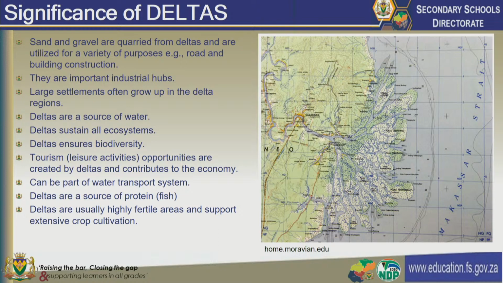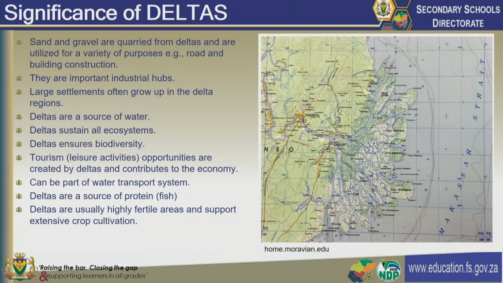Very important for trade. You'd find a lot of settlements along the delta areas. They are also a source of water. They sustain ecosystems. Deltas ensure biodiversity. And tourism, very importantly, you'd find there.